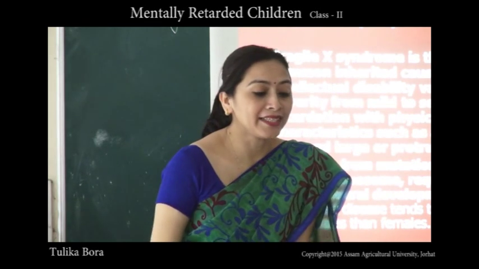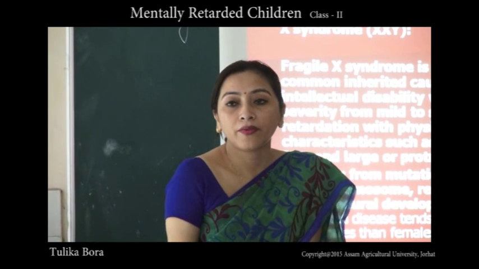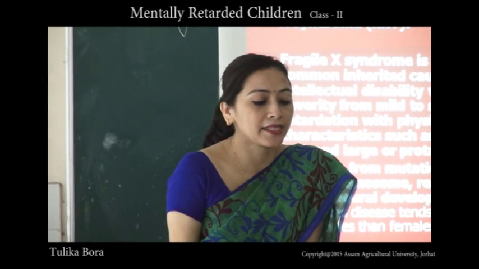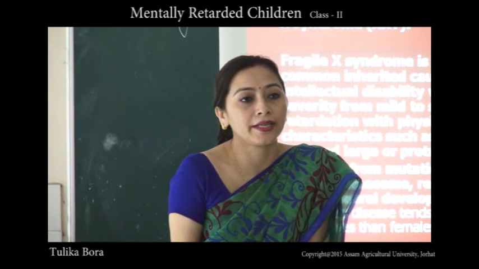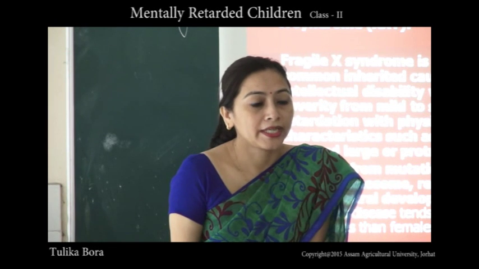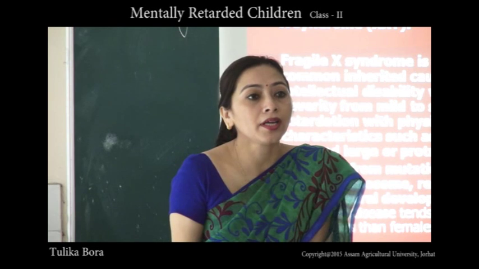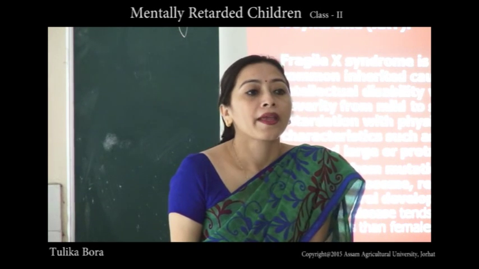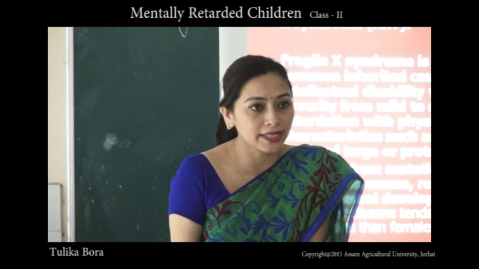Then X-linked mental retardation, or we call it fragile X syndrome. In trisomy we see that they have an extra chromosome in the 21st pair. Here this fragile X syndrome is mainly for the male. For male we have only X and Y, isn't it?